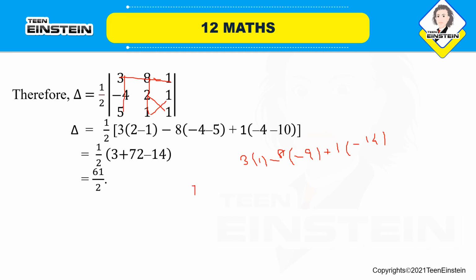So this is 75 minus 14. 75 minus 14 is 61. So 61 by 2, we are getting a positive value, so there is no problem. So what is the area of the triangle formed by the 3 vertices, 3 comma 8, minus 4 comma 2 and 5 comma 1? It is 61 by 2. Is that clear? So this is the required area of the triangle ABC.